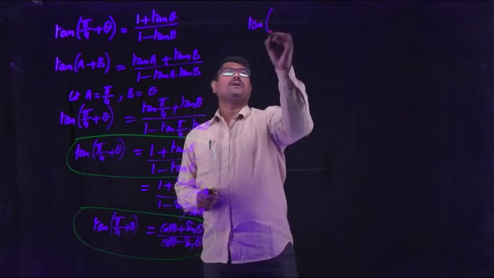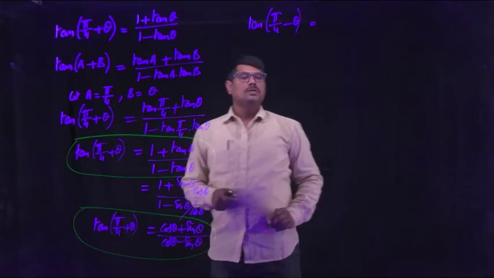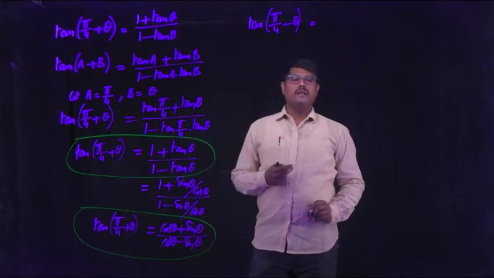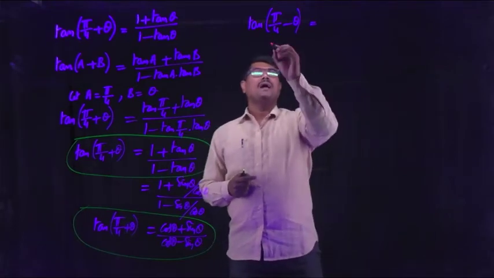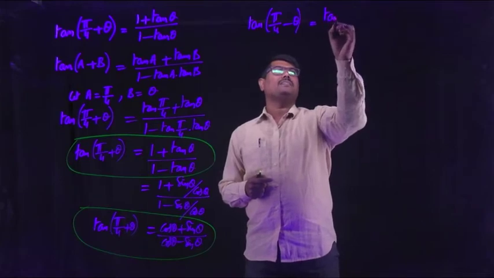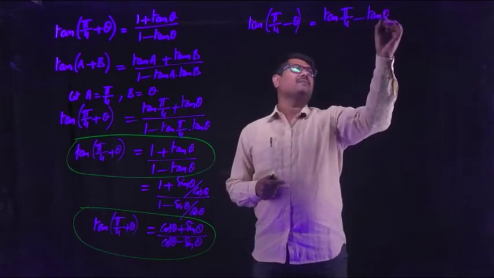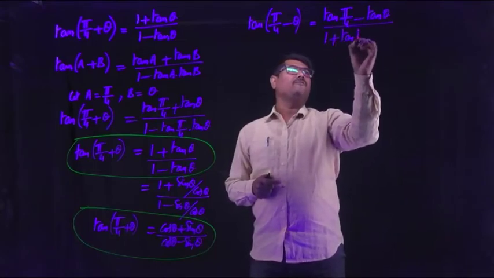In the same manner, we can go for tan pi by 4 minus theta also. This is like the tan A minus B formula. The formula of tan A minus B is tan A minus tan B by 1 plus tan A tan B. Applying that formula, it becomes tan pi by 4 minus tan theta by 1 plus tan pi by 4 into tan theta.